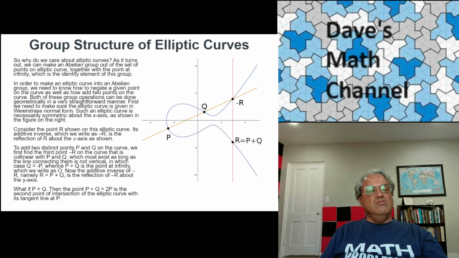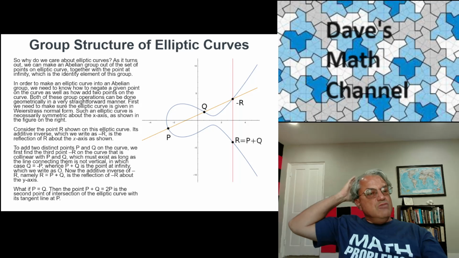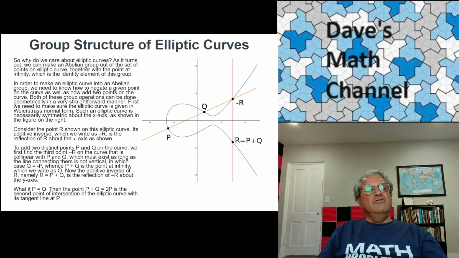That just means if you double that point, you get the point at infinity, because if you double it, you get 0. Remember, 0 is the identity element of the group. I don't want to go into more detail, but it's equal to its own negative. You'll have to trust me on that.